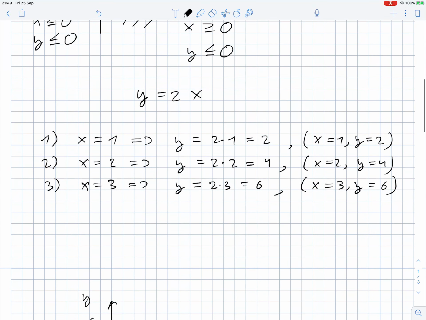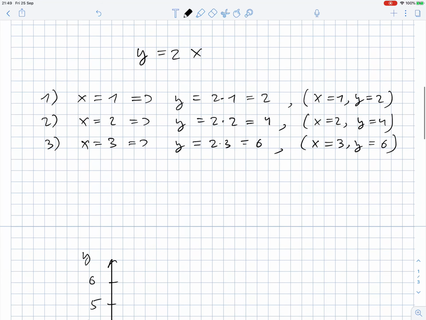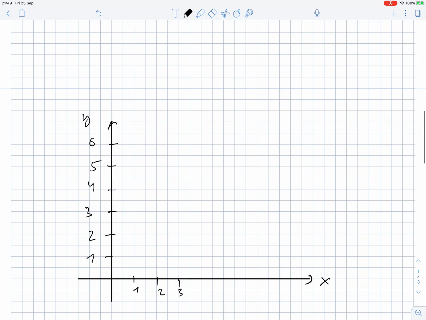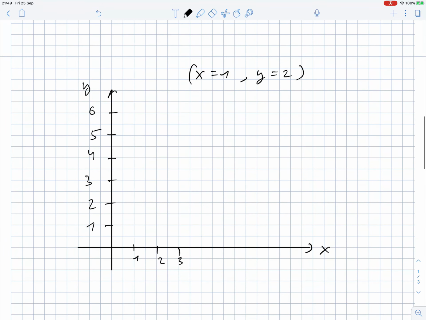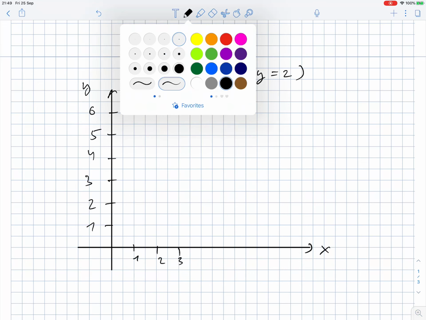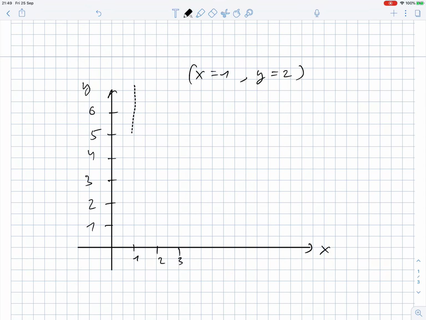Okay, let's talk about this first point where x equals 1 and y equals 2. If you look at the x-axis, x equals 1, we talk about this point. Now, what we'll do, you have to draw an imaginary line that goes through this point x equals 1, and this line will be perpendicular to the x-axis.